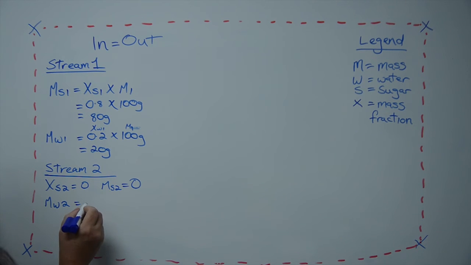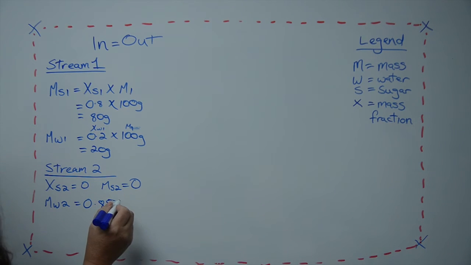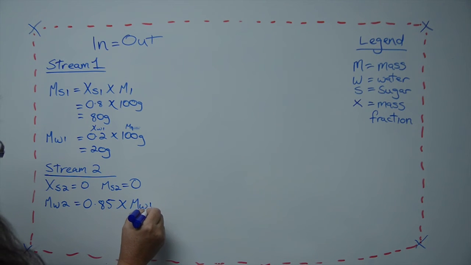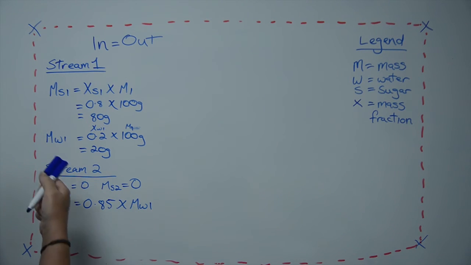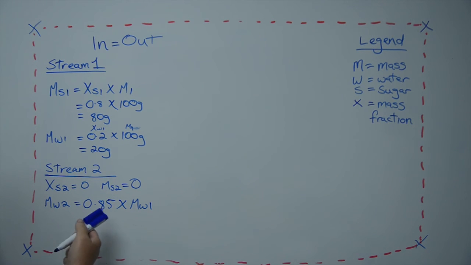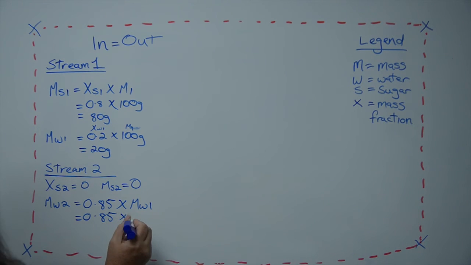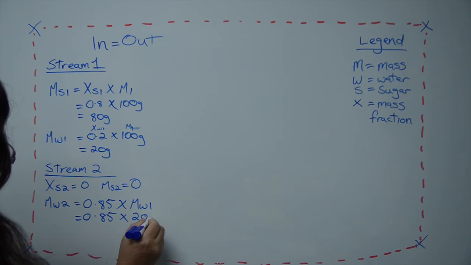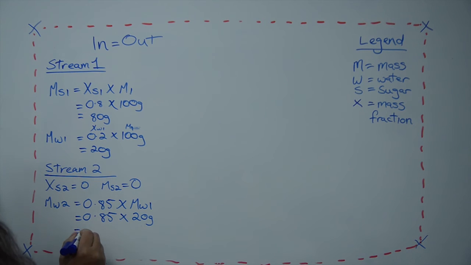So we know that that's going to be 0.85, and then that's going to be times MW1, so the amount of water that's coming in our stream 1. So that's going to be equal to 0.85 times 20 grams, which equals 17 grams.